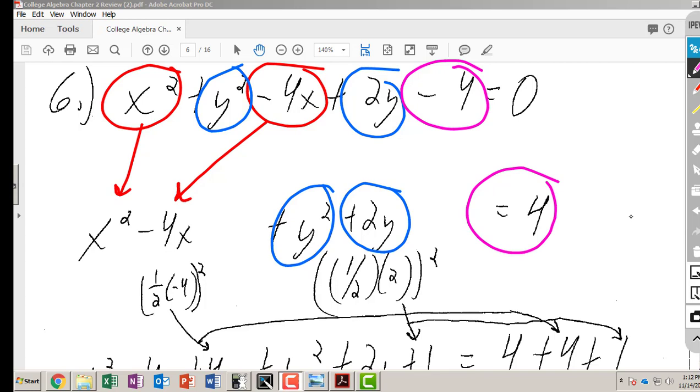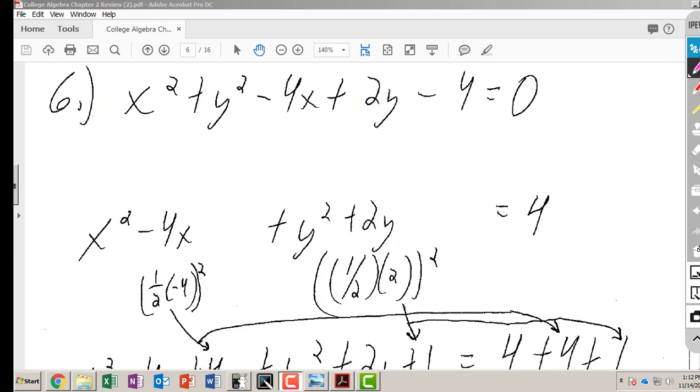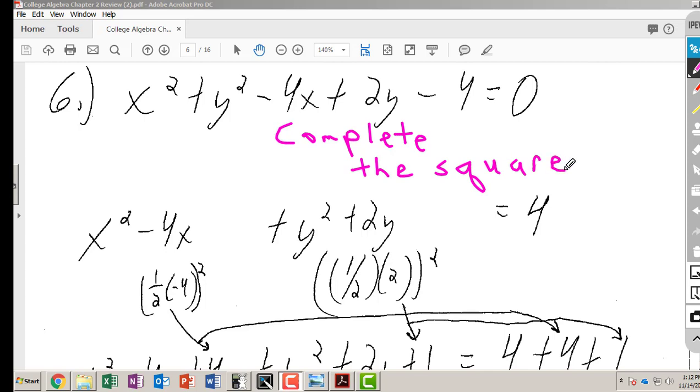Now that I've done that, I'm going to complete the square to make these factorable. Remember, to complete the square, you take half of b and square it. Notice, here's my b value.